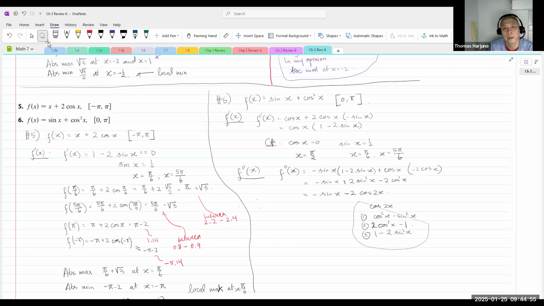Okay, we actually don't need to simplify that. You can just plug in numbers, but it will be nice if you can simplify, then plug in numbers easier. So the second derivative at pi over 2 will be negative sine pi over 2, which is negative 1, minus 2 cosine pi, which is another negative 1.